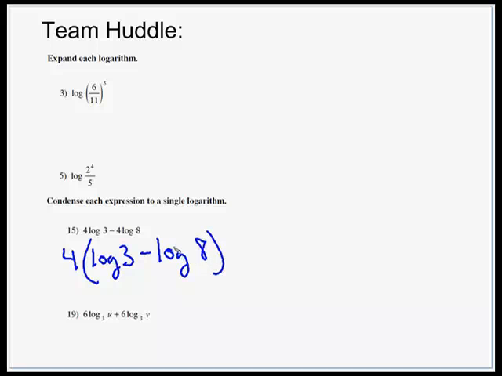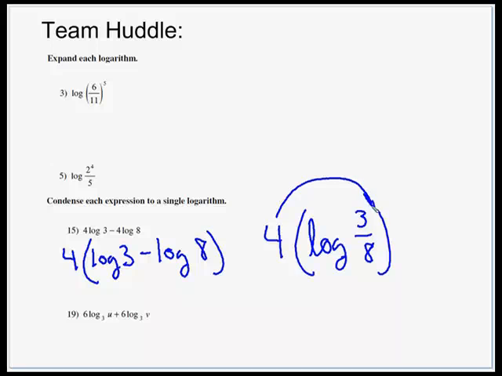And now we work within the parentheses. We're going to have 4 times the log of 3 over 8. That's going to turn into a fraction, 3/8. And then we can bring this 4 up. And that would be the same answer we had before, the log of 3/8 to the 4th power.